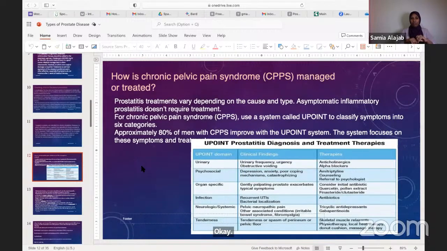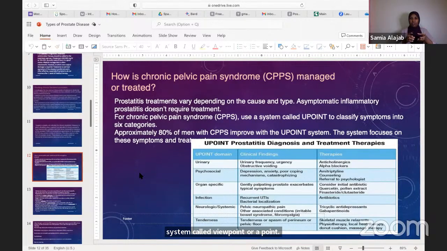Okay, so what about how to treat chronic pelvic pain syndrome? So prostatitis, as we said, treatment depends on the cause and the type of prostatitis. When the patient is asymptomatic, or has inflammatory prostatitis, we usually don't need to treat. But for chronic pelvic pain syndrome, we use a system called UPOINT.